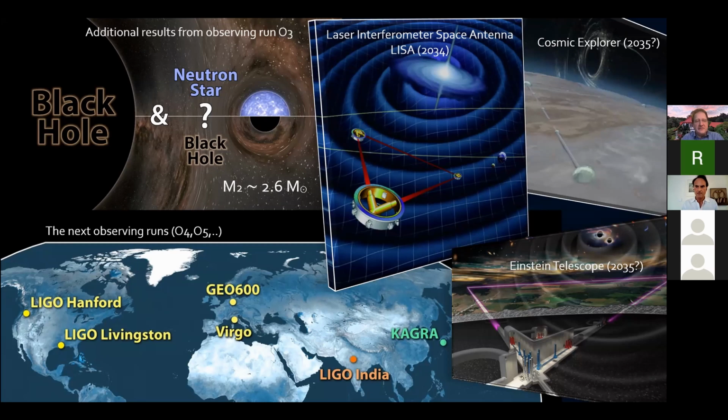So you don't believe that neutron stars without rotation can be as heavy as 2.5, 2.6? Yeah, so I said that I personally think that this was a black hole merger, but I found it interesting.